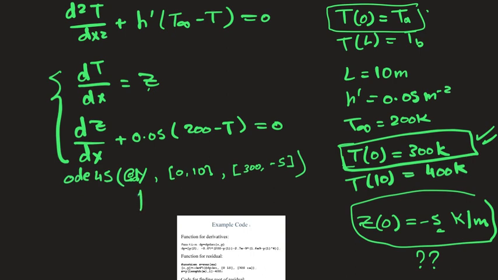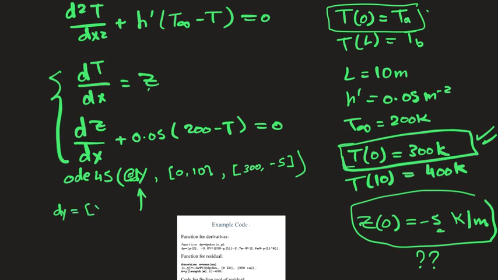The question is, how do you define dy such that it holds the two equations that we see up there? Anyone remember? I will write the syntax for you. dy is equal to a vector.